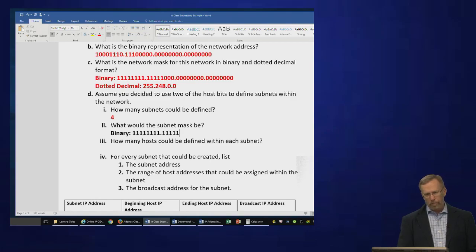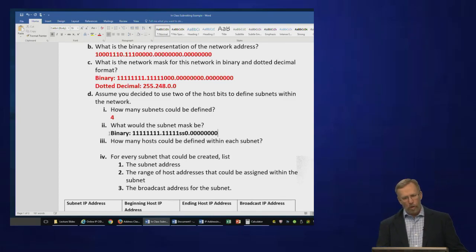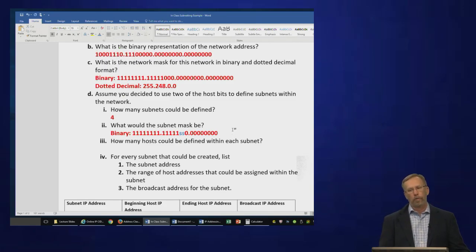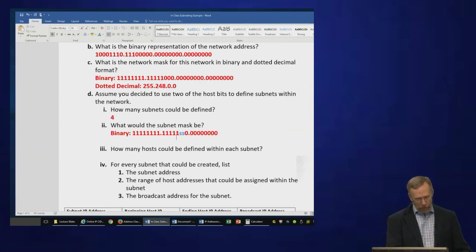A common way we denote that we're using bits for subnetting is, rather than put a 1, we'll put S's, and then we put, let's see, I got 7 there, so that's 8. And so that would be our binary net mask. And another common thing we do if we have color in our documents is we'll make those in another color so they stand out, and we say, okay, we're subnetting and we have 4 subnet bits.